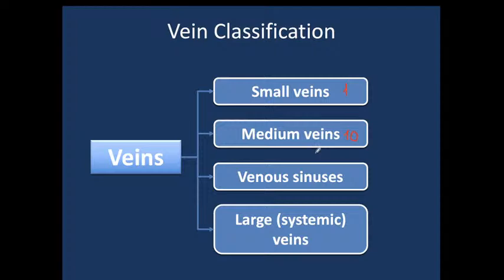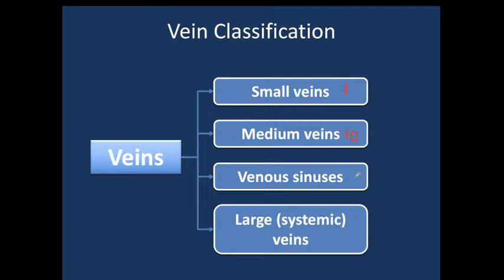As I told you, venous sinuses are veins with especially thin walls, a large lumen, and no smooth muscles in the wall. Examples include the coronary sinus of the heart and, of course, the dural sinuses I talked about before.